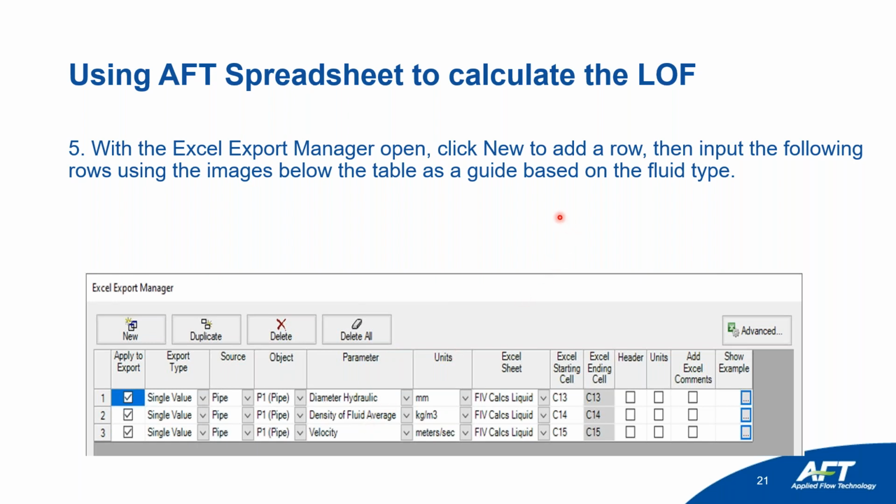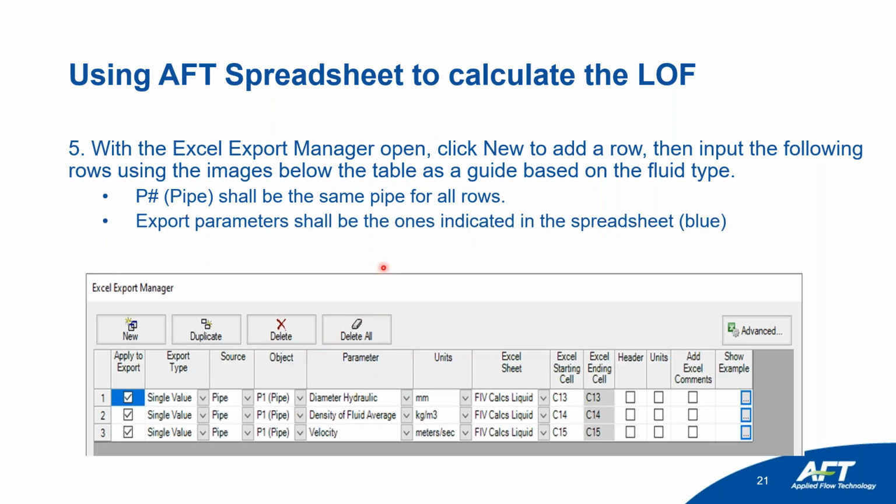So when we calculate the LOF for a pipe, we will create 3 parameters that are needed by the spreadsheet for the same line. So the pipe number shall be the same for all the rows, because we need to export the information for the same pipe that the spreadsheet requires: the hydraulic diameter, the density of the fluid, and the velocity.